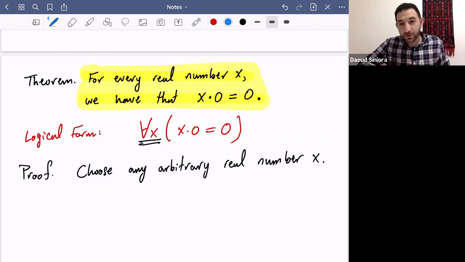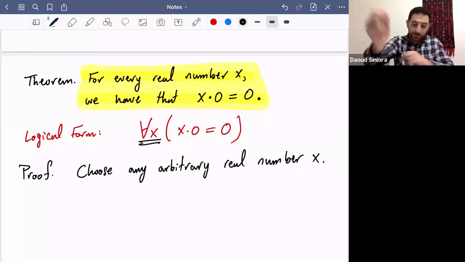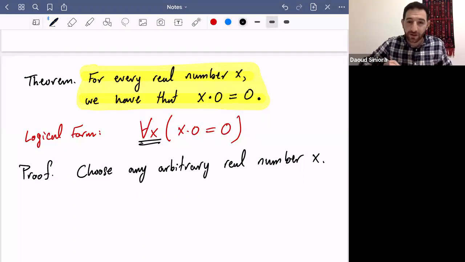So we will use the axioms about addition and multiplication of real numbers. We will start by using the additive identity axiom applied to 0. The additive identity says that if we add any number to 0, we get the same number. So apply this axiom to the 0 itself.